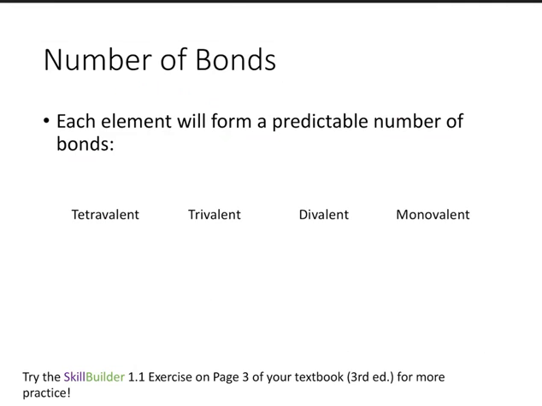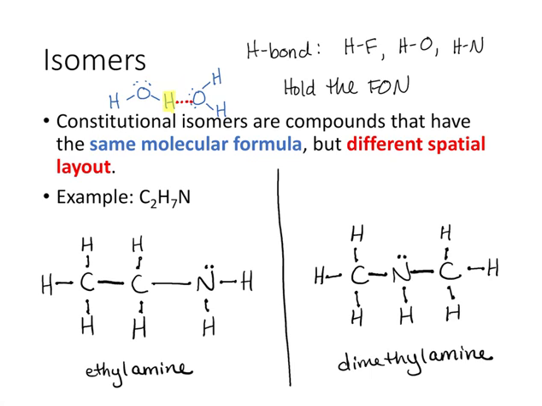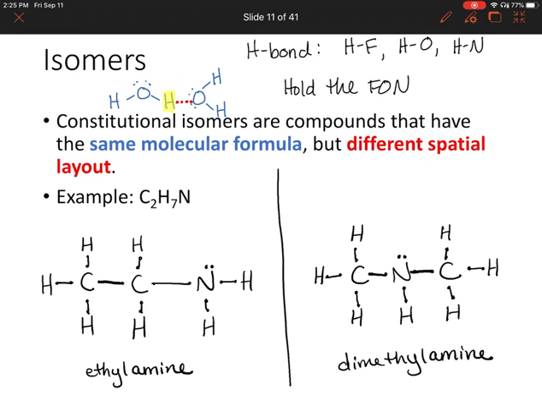So looking down below at our 2 molecules, you'll notice that we have 2 hydrogens bonded to nitrogen in ethylamine, and 1 hydrogen bonded to nitrogen in dimethylamine. So let's just highlight those.